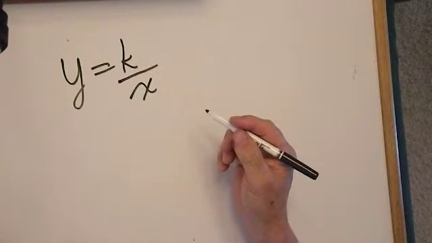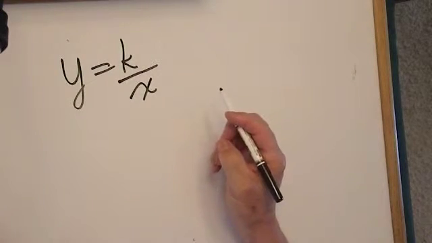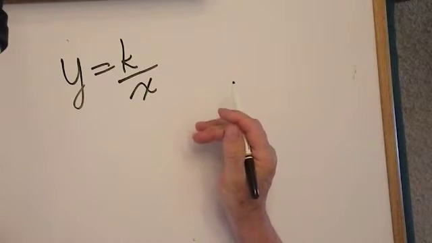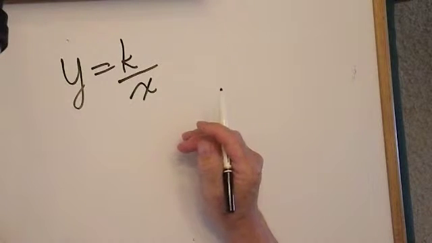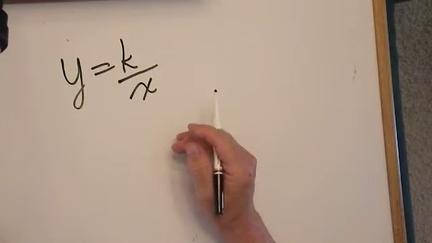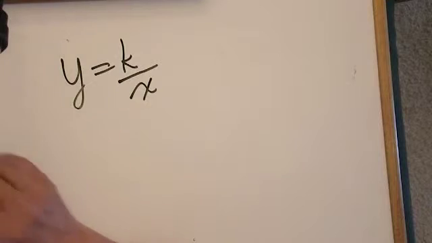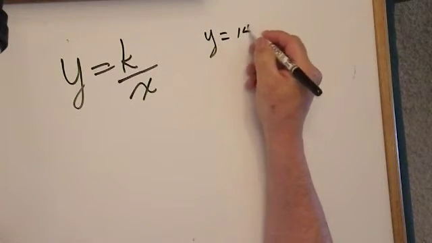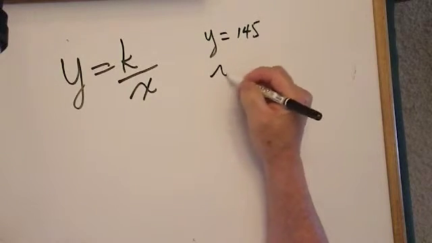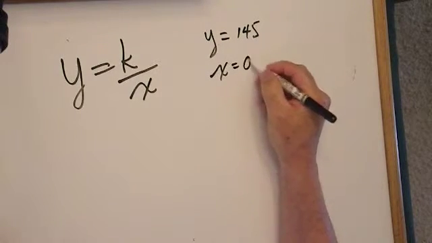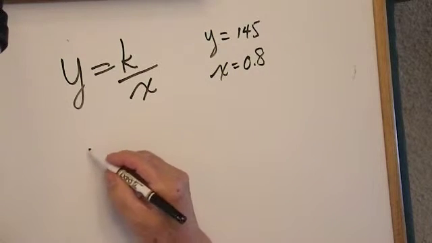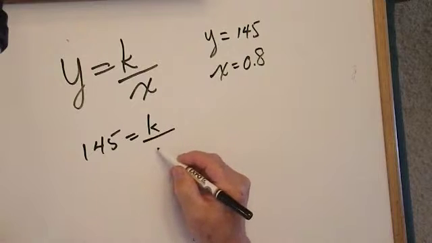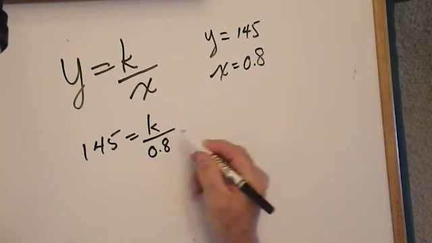So if we look on page 556 at example number 4, find an equation of variation in which y varies inversely as x when y is equal to 145 and x is equal to 0.8. So if we just plug those in, we get 145 equals some constant over 0.8.